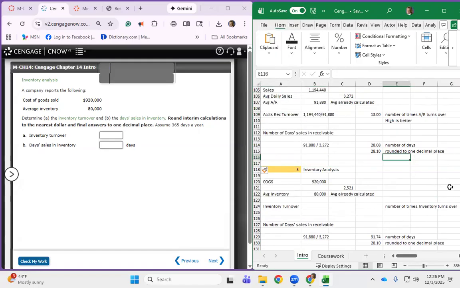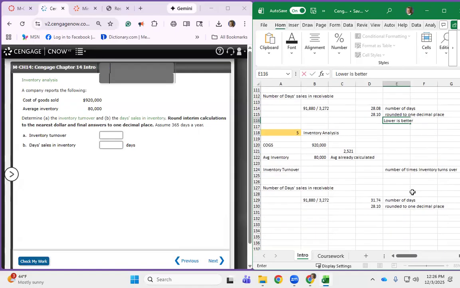This one is the lower the better. Lower is better. So I forgot to put that down. So that goes for here too. Once again, higher is better. Lower is better of these.